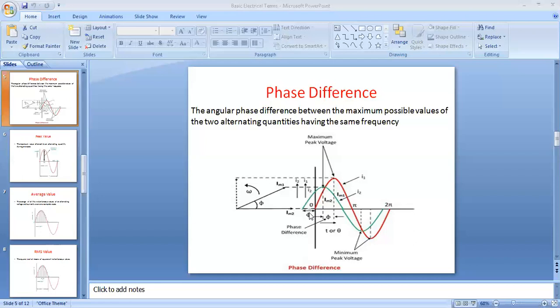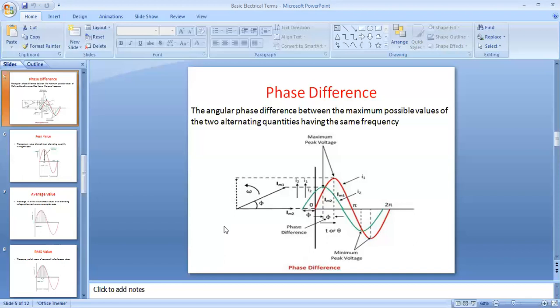The quantity which attains its positive maximum value before the other is called as a leading quantity, whereas the quantity which reaches its maximum positive value after the other is known as a lagging quantity. We normally listen at different situations, voltage is lagging or current is lagging.